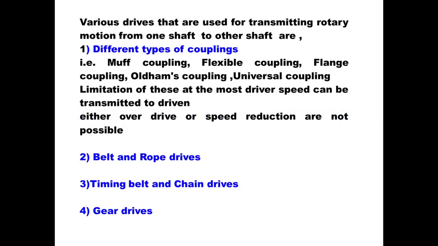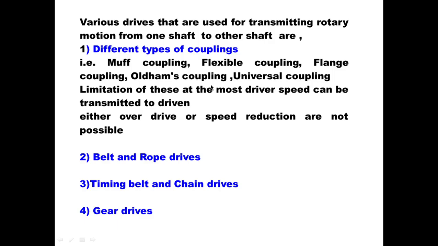So various drives used for transmitting rotary motion from one shaft to another shaft are different types of coupling. You must have seen them, whether it is a steering motor or any of your pumps. These couplings are of different types like Muff coupling, flexible coupling, Flange coupling, Oldham's coupling, universal coupling.